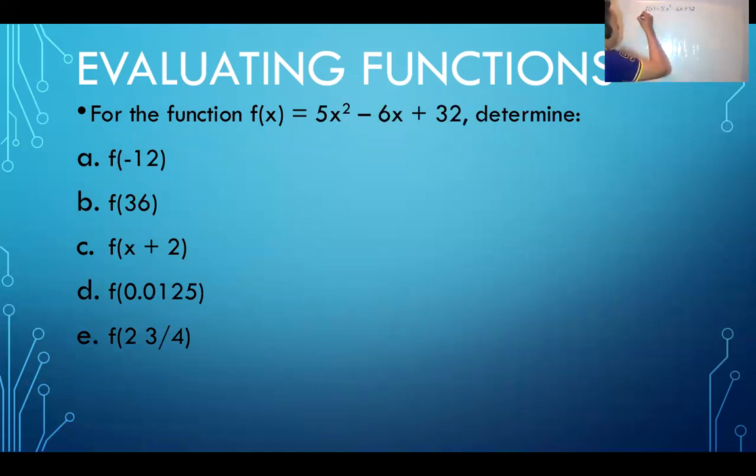Our first one is the function of negative 12. Therefore, we need to change x here as negative 12. So I will just copy 5 and x will become negative 12 squared minus 6 times negative 12 plus 32.